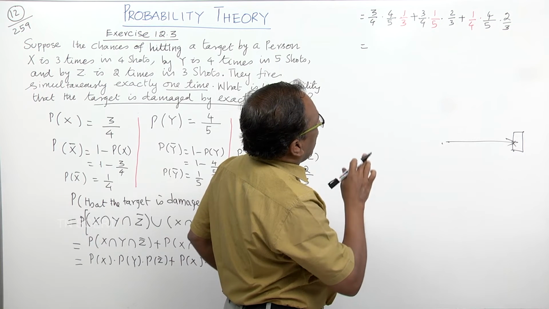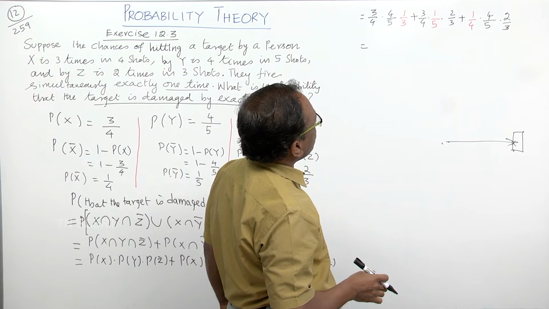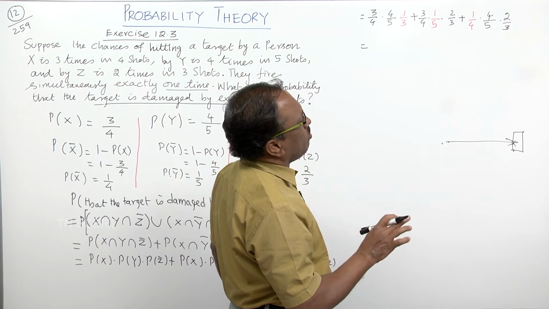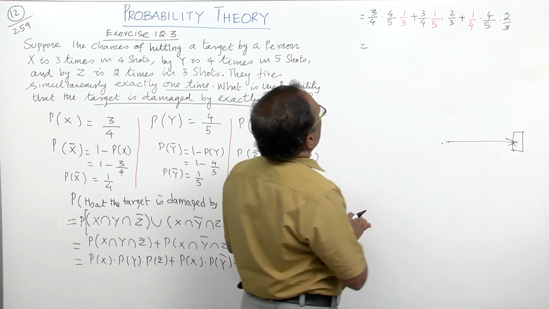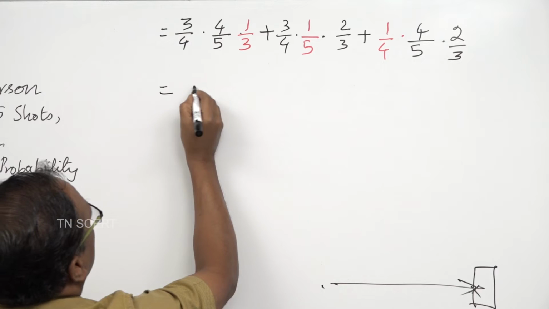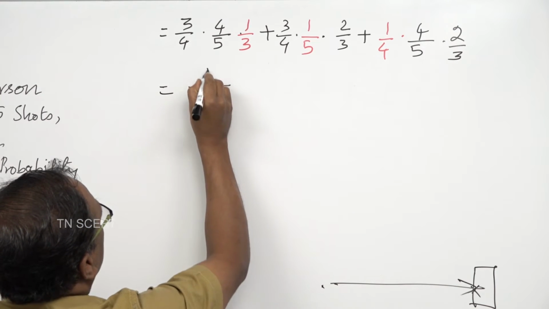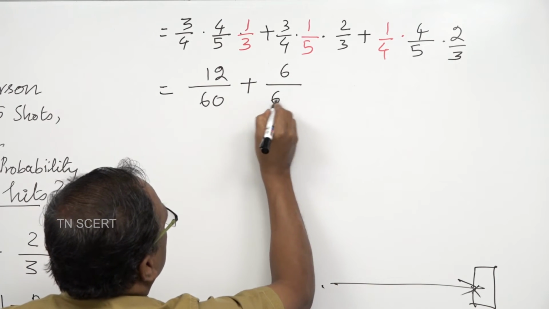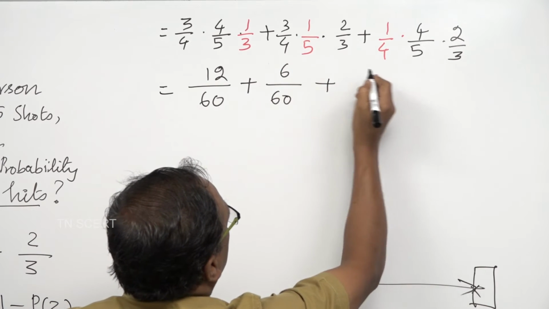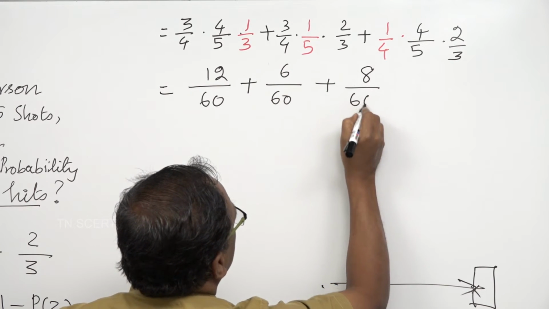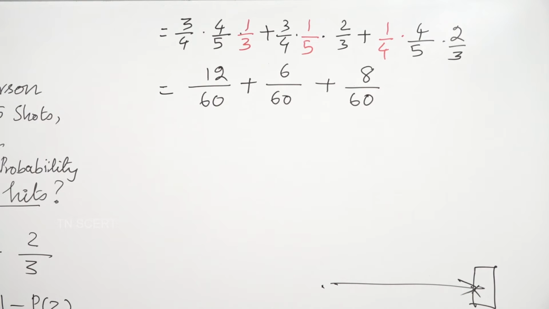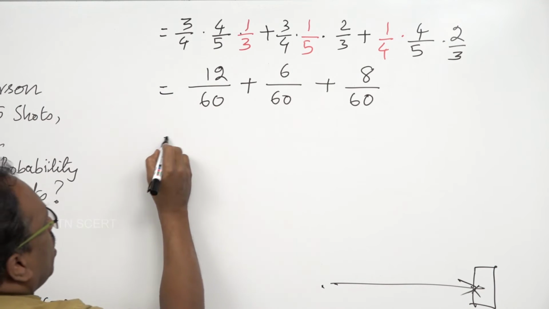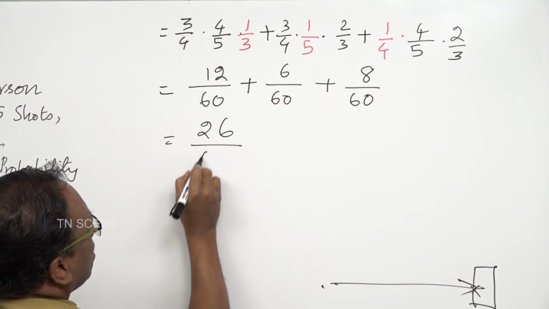Is there any possibility to simplify? If at all there is, do so; if not, leave it. So here 3 4s are 12 over 60, plus 6 over 60, plus 8 over 60. Simple way: just multiply numerators and multiply denominators, 3 4s are 12, 4 5s are 20, 60. So now 26 over 60.